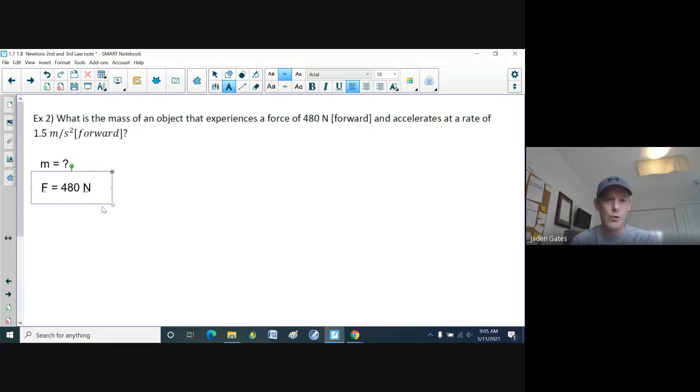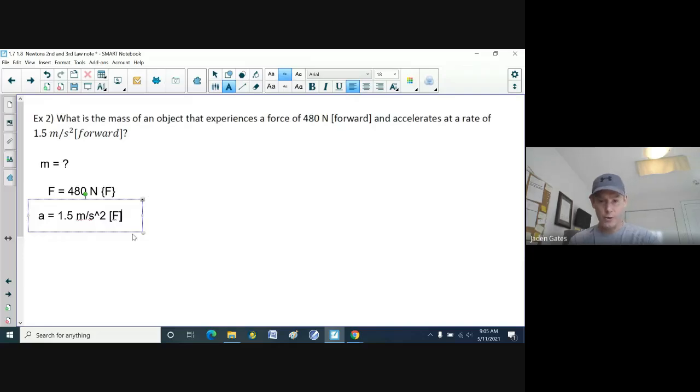We got 480 newtons forward, put an F there. And what else we got? Acceleration. So we got our a is equal to 1.5 meters per second squared. And our direction here is forward.